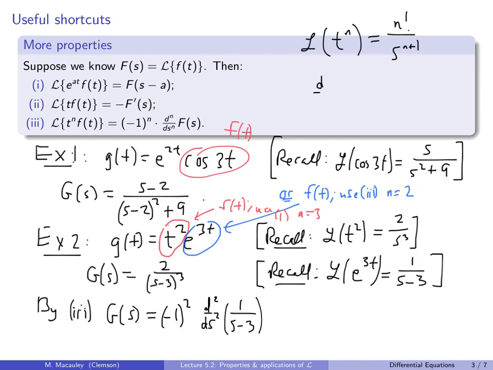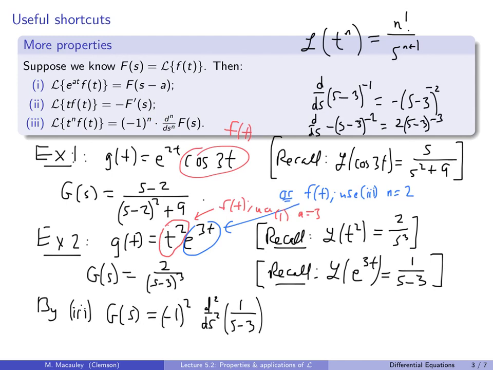The derivative of 1 over s minus 3 is the derivative of s minus 3 to the negative first, and that's negative s minus 3 to the negative 2. And then the second derivative is just the derivative of that, so d/ds of negative s minus 3 to the negative 2, that's plus 2 times s minus 3 to the negative 3.